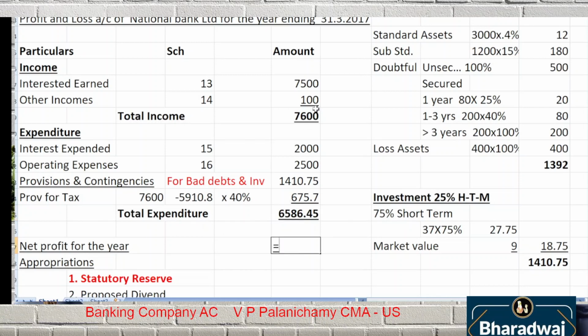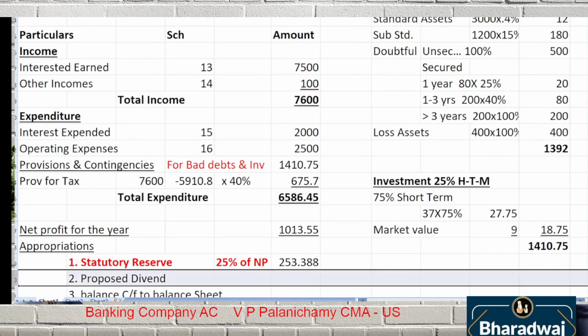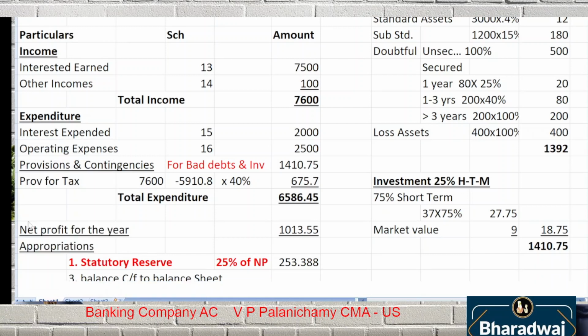So total expenditure is that much. Income minus expenses will give me net profit for the year, under 25% transfer to statutory reserve. No proposed dividend in this question. Balance carried forward to balance sheet.